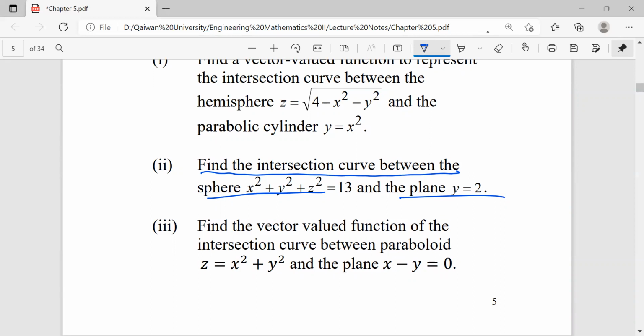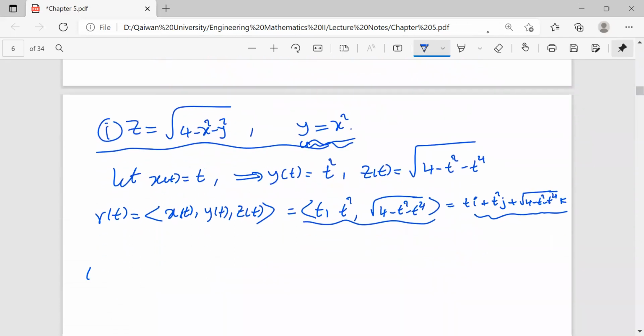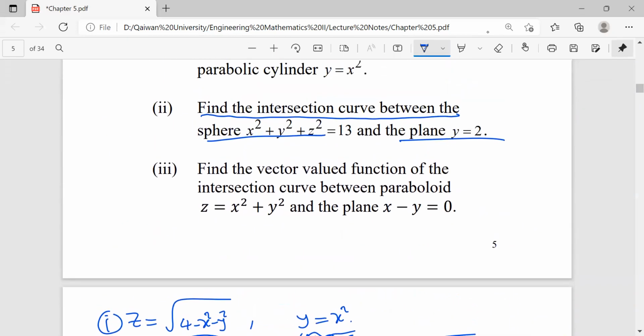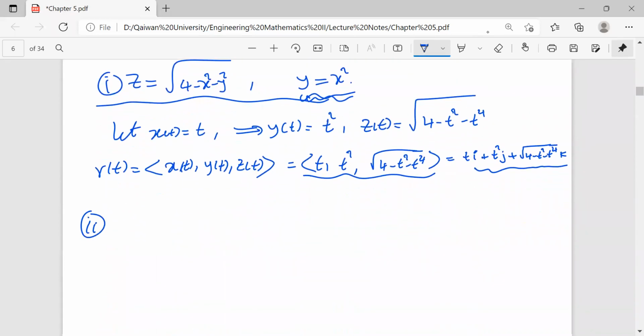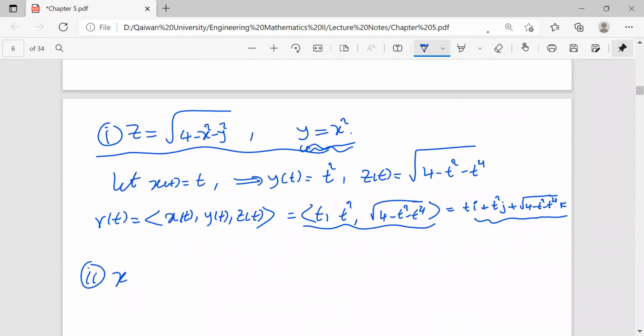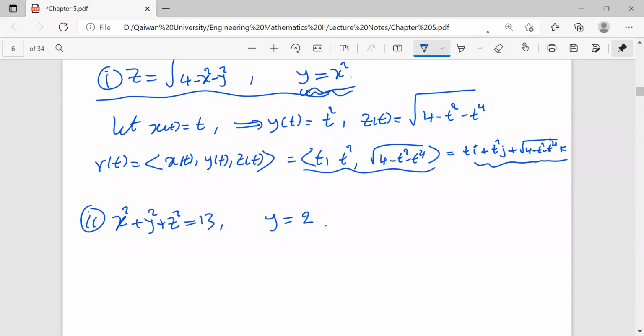To find the intersection curve, we are going to find the vector valued function which represents it. The sphere is x squared plus y squared plus z squared equals 13, and y equals 2. We should find the vector valued function which represents the intersection between this plane and this sphere.